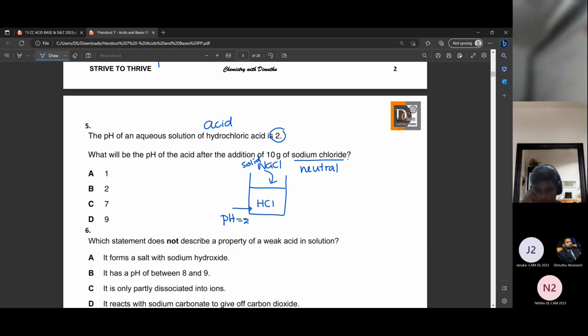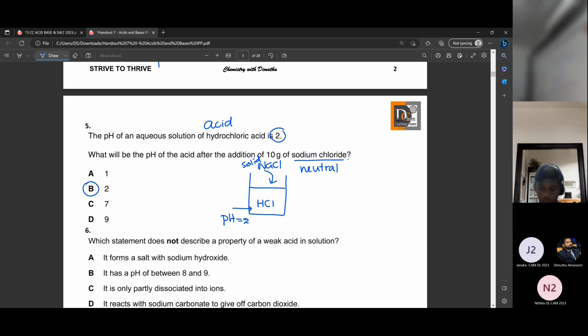Therefore, nothing is going to happen to it. So the pH still remains. The HCl concentration stays the same. If it were a solution, it would have its own concentration; if you were putting in more water, then the pH should increase or decrease?